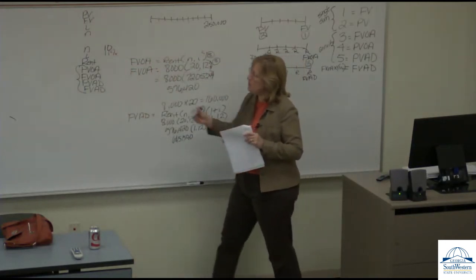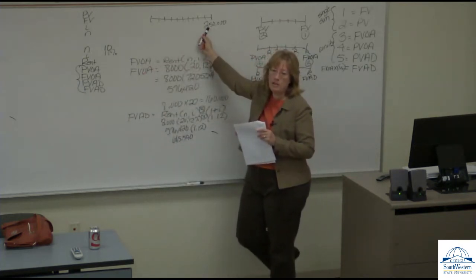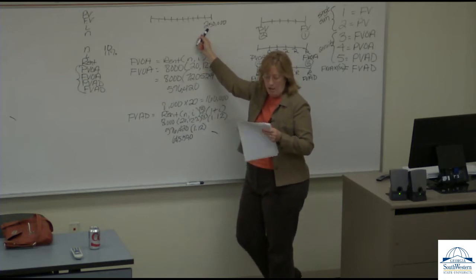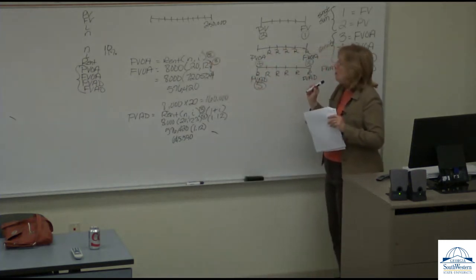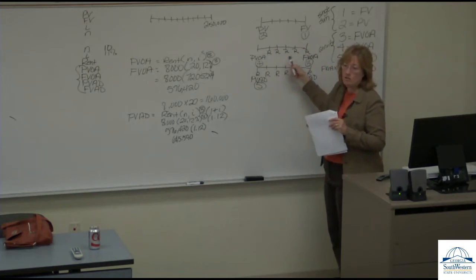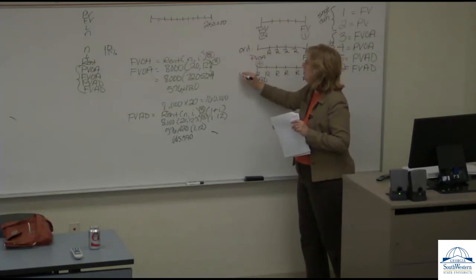And which one do we have? You said it was a future value. Is it an ordinary annuity or an annuity due? He's investing at the end of the year. This one is an ordinary annuity. This one is annuity due.